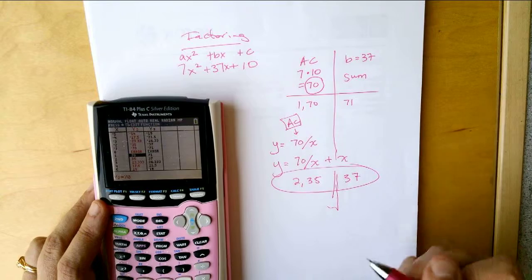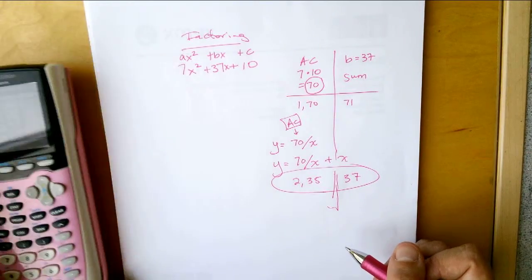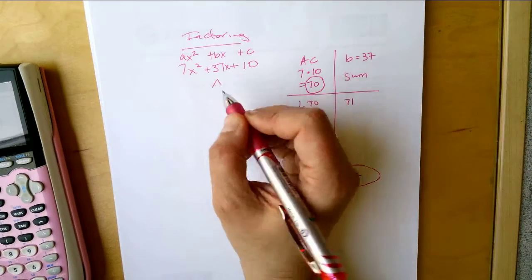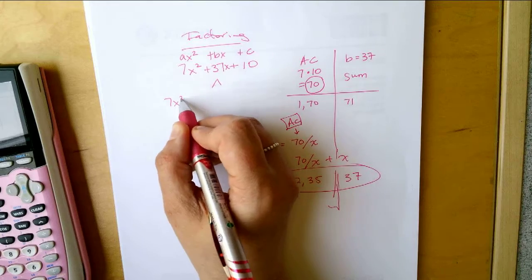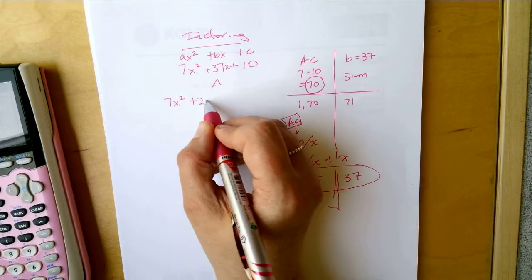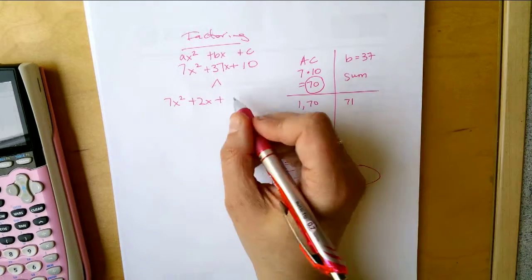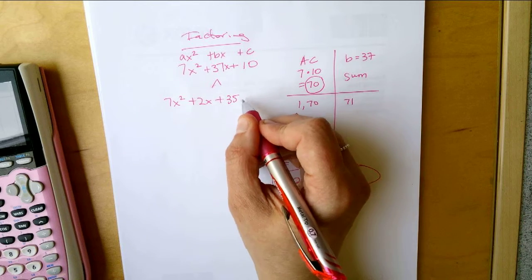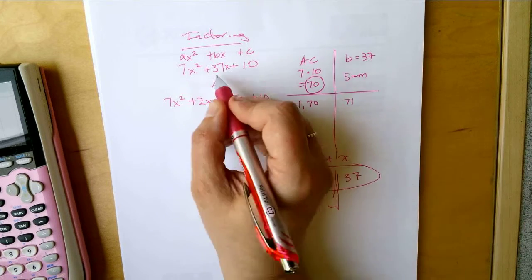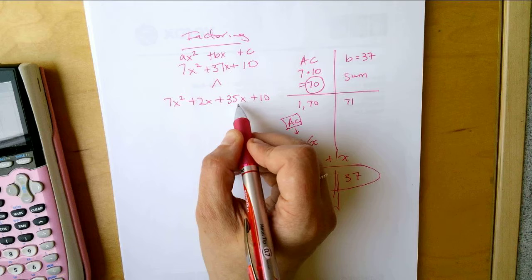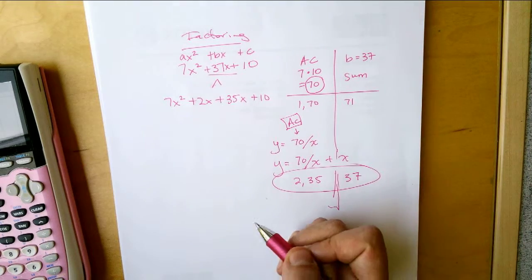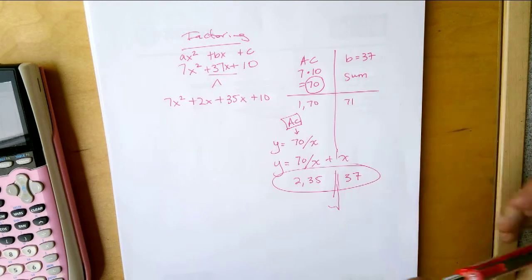And this is the magic pair. Okay, now from there, you would be splitting the middle using the AC method: 7x squared plus 2x plus 35x plus 10. So notice that the 2x and the 35x add to the 37x. That's how we know we found the right combination.